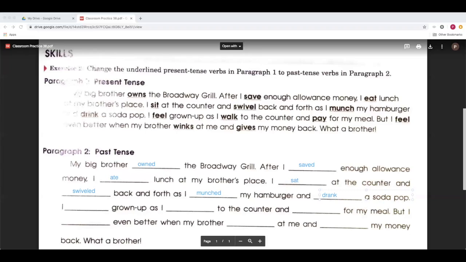a soda pop. I not feel, but felt grown up as I not walk, but walked to the counter, and pay turns into paid for my meal. But I feel turns into felt.